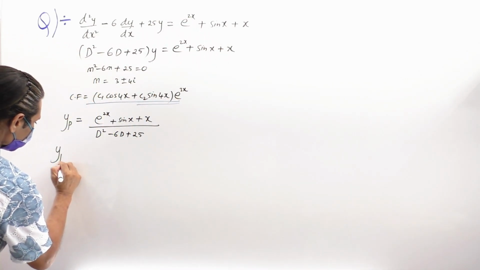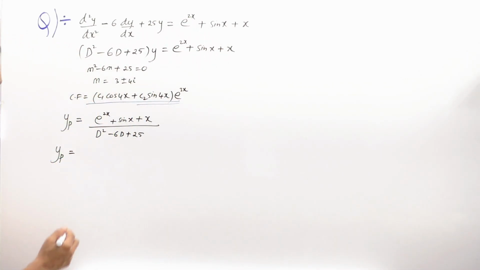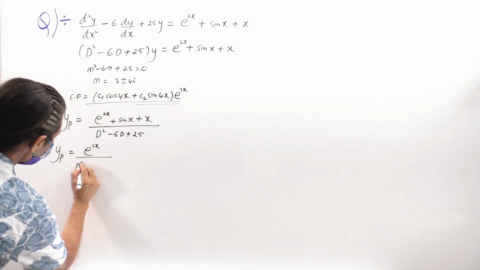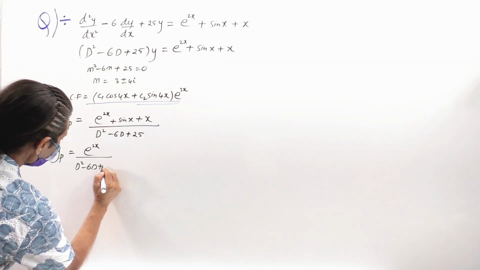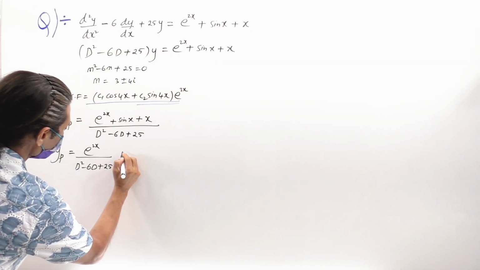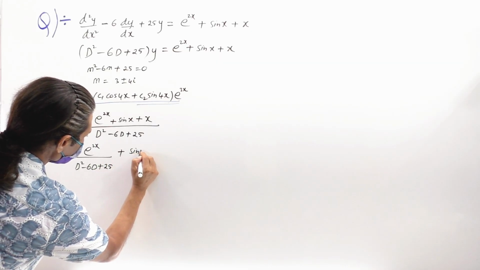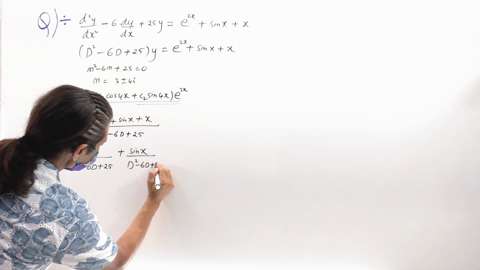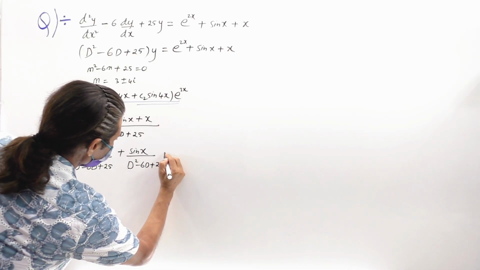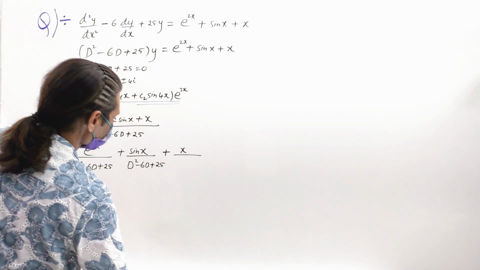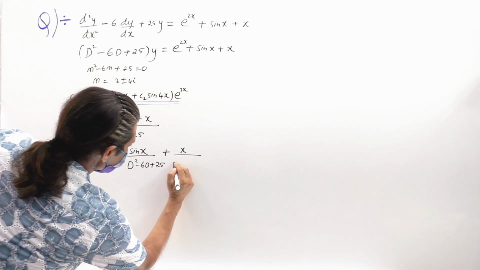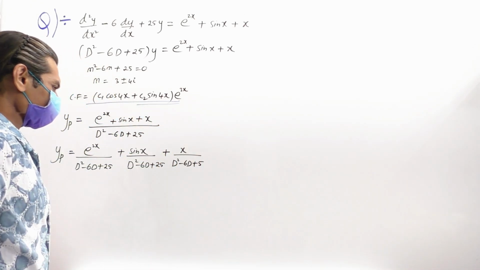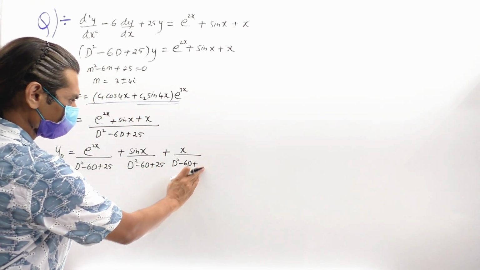So we write yp is equal to e raised to 2x whole divided by D square minus 6D plus 25, and plus sin x whole divided by D square minus 6D plus 25, and lastly plus x whole divided by D square minus 6D plus 25. Write it in a very systematic way and practice along with me.